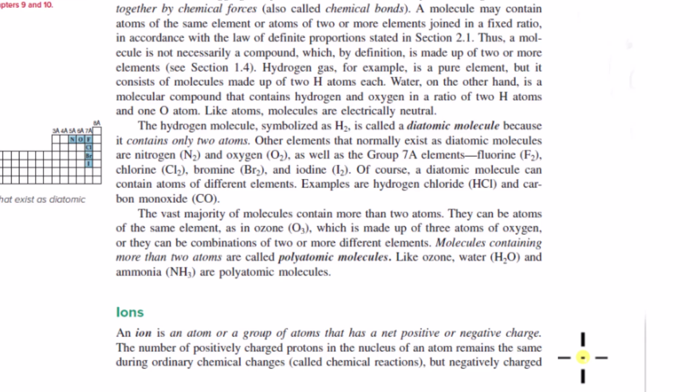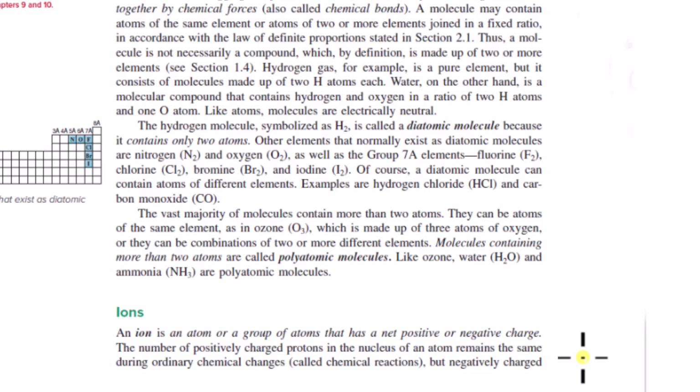That's an ion. I'll say it again. You start with a neutral atom or a neutral molecule, and then from there, you either completely remove or completely add 1 or more electrons, and then you have an ion.